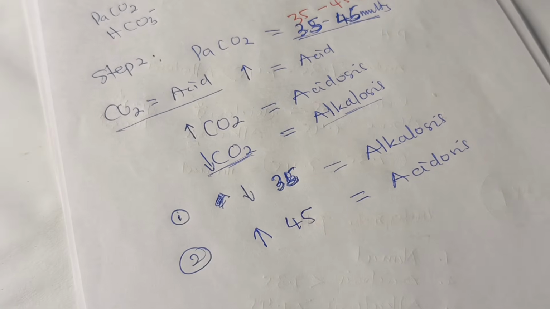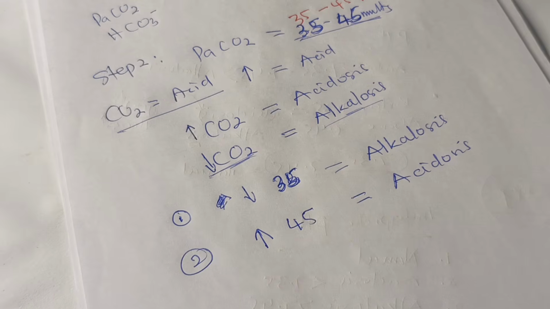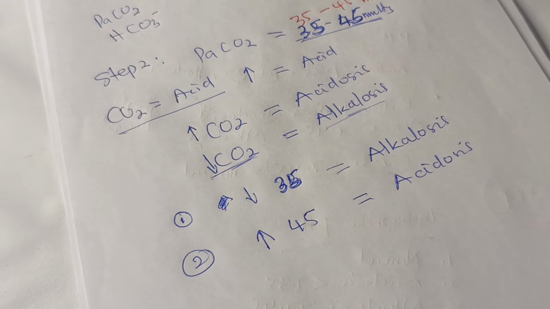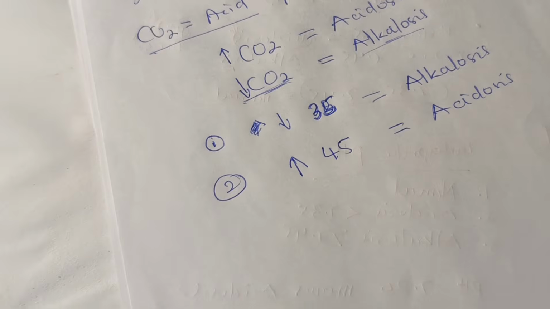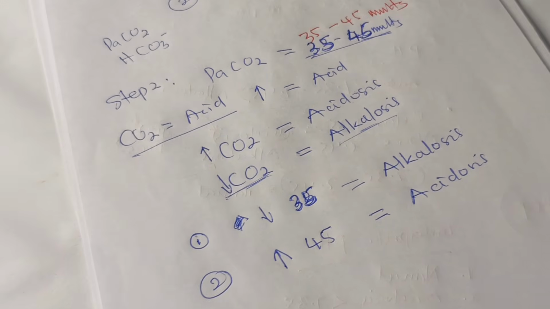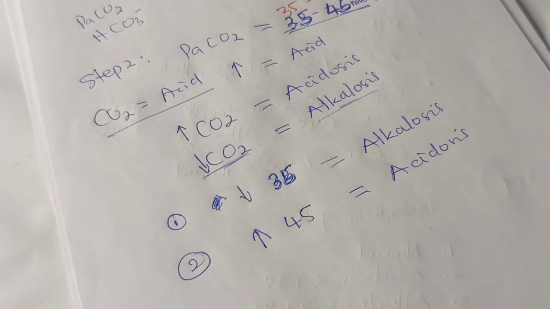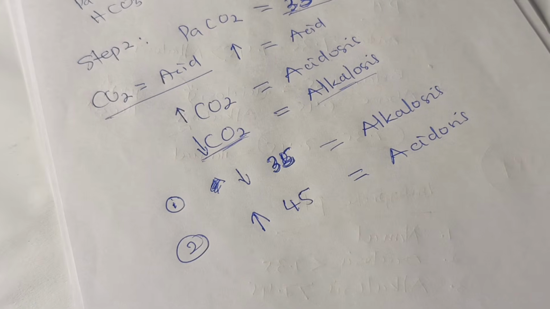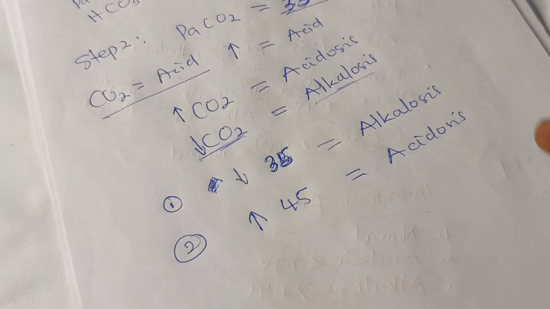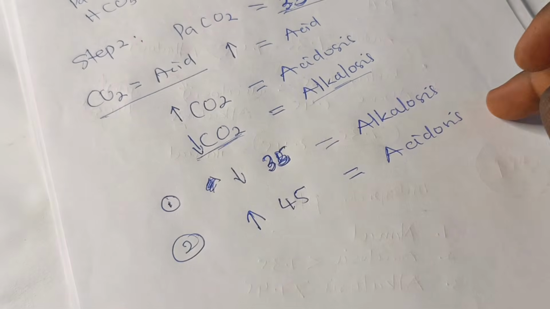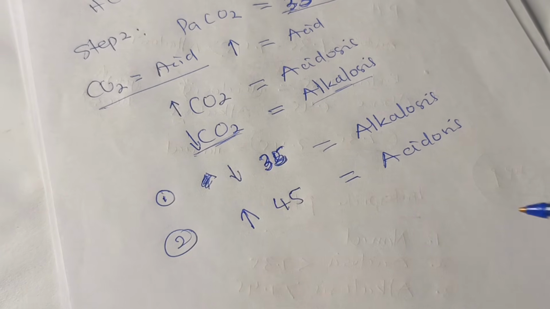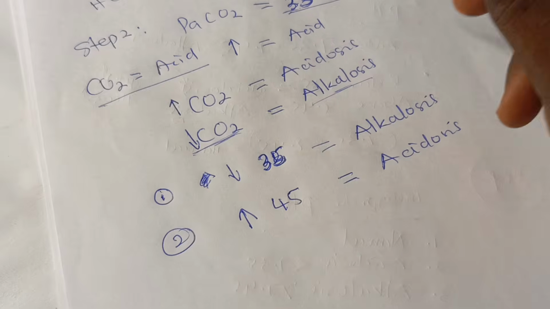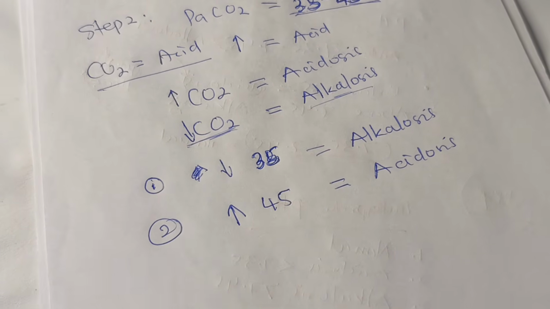So if you come here, you decide whether the value is abnormal, and if it's abnormal, is it lower or higher? Carbon dioxide is an acid, so the more you have of it, the more acidic the person will be. That's acidosis. Now, if you interpret it and get the meaning, ask yourself again, does this agree with the pH that you interpreted first?